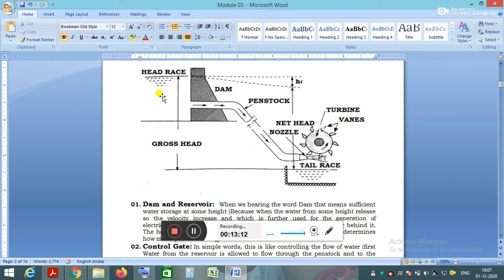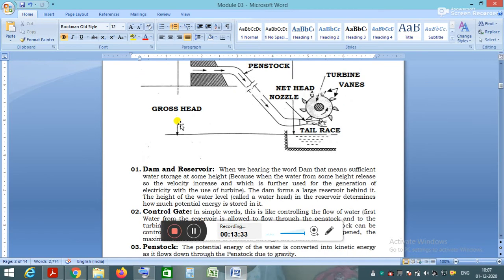One more use of the dam is the increase in the height. It increases the head available at the inlet of the turbine.